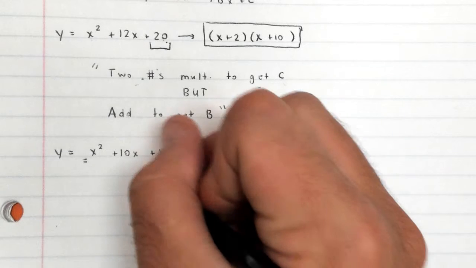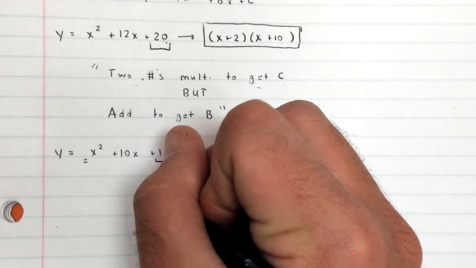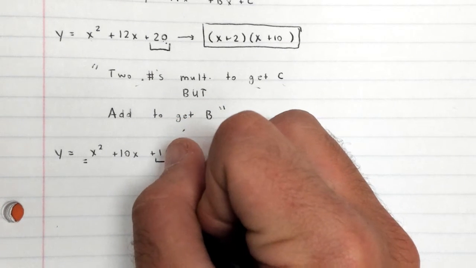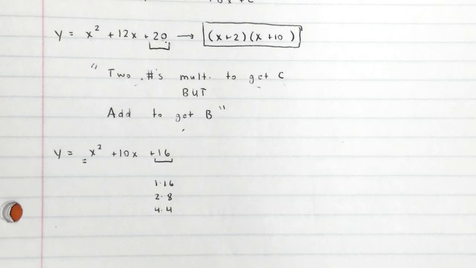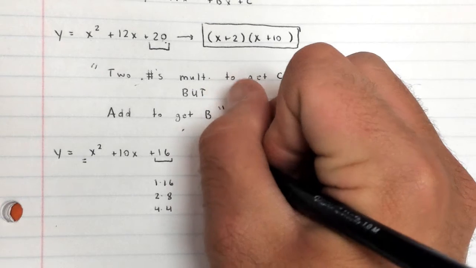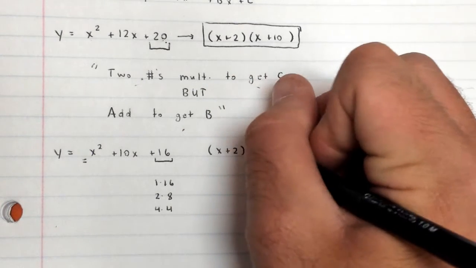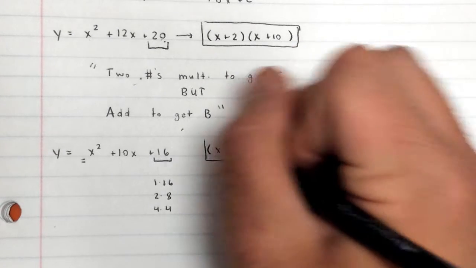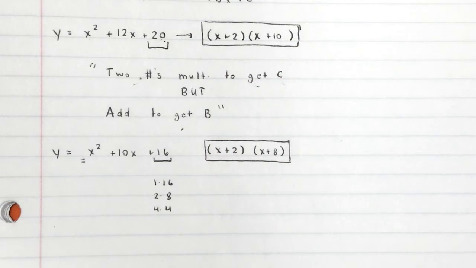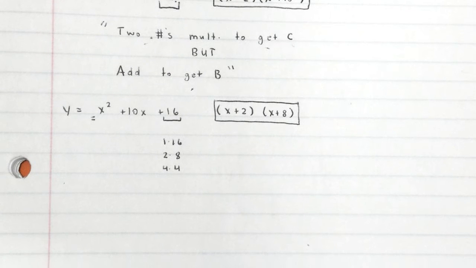Well, I have 1 times 16, 2 times 8, 4 times 4. Which pair adds to equal 10? 2 and 8. So I have x plus 2, x plus 8. And I'm done. That is totally a logical way to factor these.